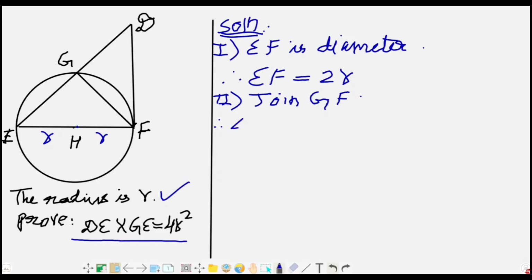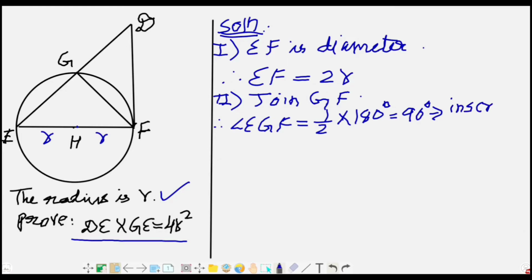So your angle EGF will be half of 180 degrees, so it will be 90 degrees. Why 180? Because it is a semicircle. So the reason will be angle inscribed in a semicircle.